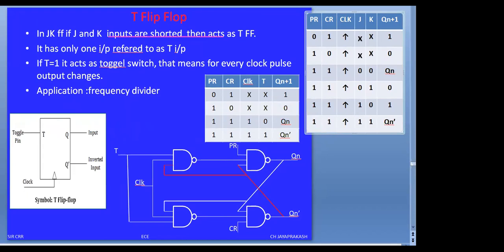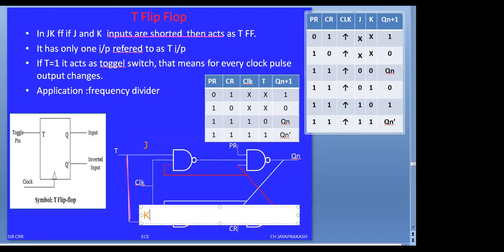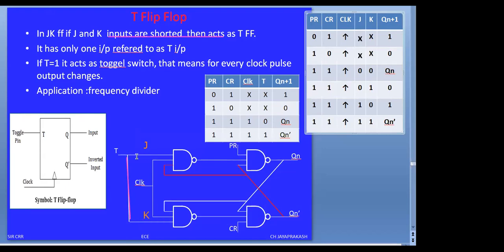Here the J value is shorted to the K value. This is the shorted connection between J and K, this is the J input, and this is the K input. The J and K are shorted together. We call this a toggle flip-flop.